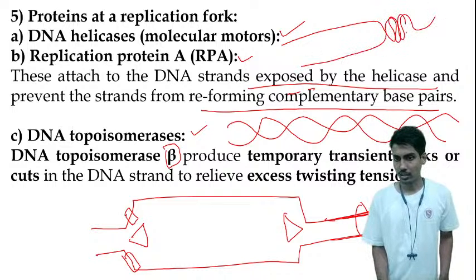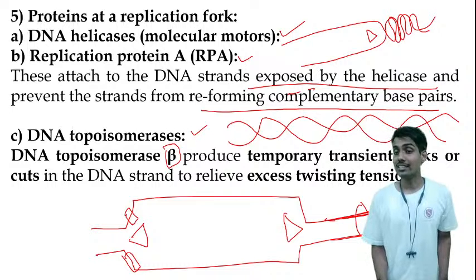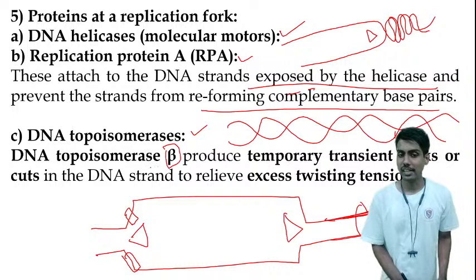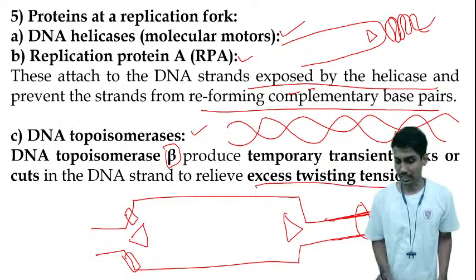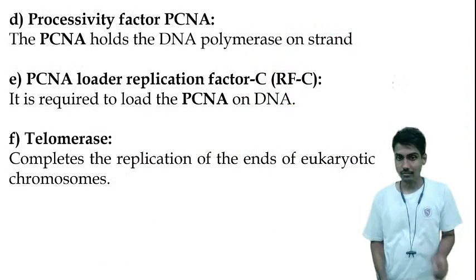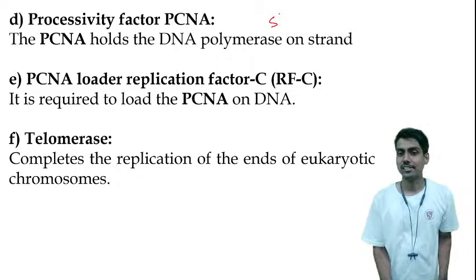The helicase cannot progress beyond this because it is a very coiled structure right now. So that coiling is removed by DNA topoisomerase beta, removing excess twisting tension.